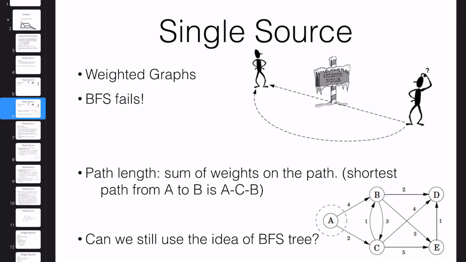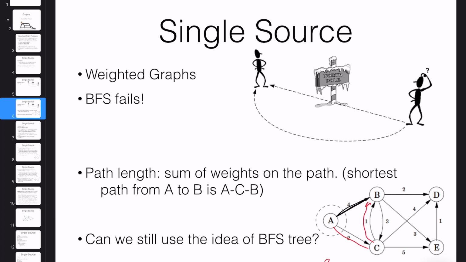For example, if you have a graph like this, starting from the node A, the BFS is going to give you the distance from A to B just using this edge, so the cost is going to be 4, although you can see that if I go from A to C and then from C to B, the cost is going to be 3.